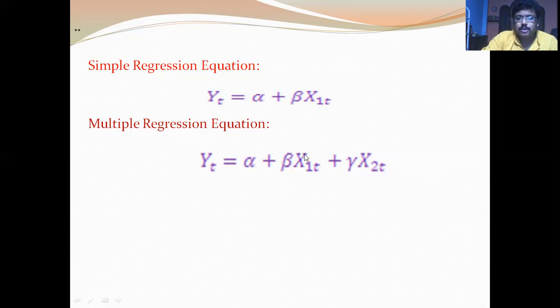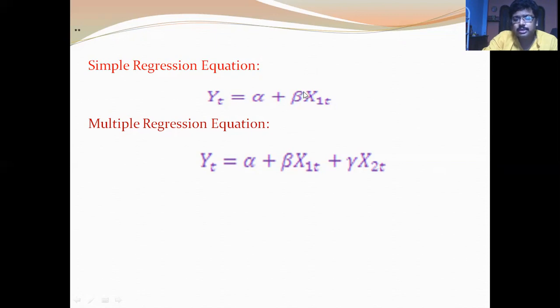Okay, so in practical terms, you can have an example of simple regression. Suppose y is sales and x is the advertising expenditure.